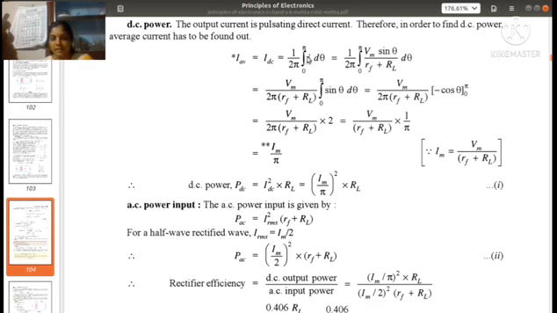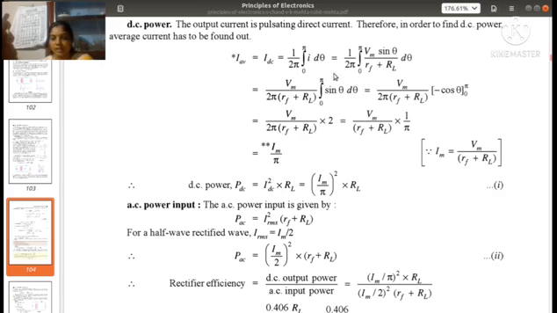So we replace I by Vm sin theta by RF plus RL, and d theta. The integration is with respect to theta, so we take the terms not including theta outside the integral: Vm by 2 pi into RF plus RL, times the integral from 0 to pi of sin theta d theta.